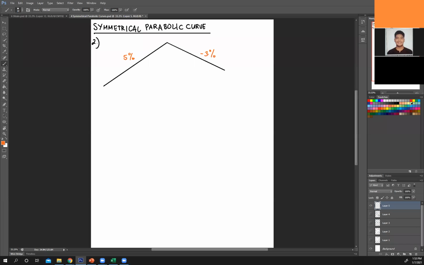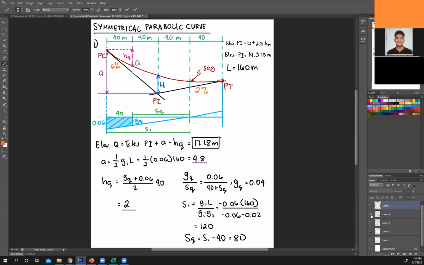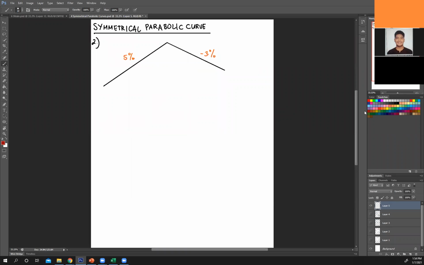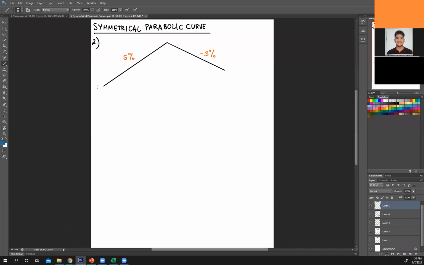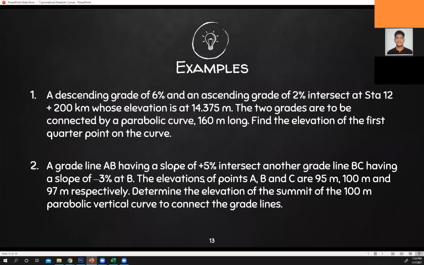Then let's include our points. So our points are, you have line AB and line BC. So line A, B, then they intersect at B, then this is BC. And then the elevations of each are 95, 100, 97. Determine the elevation of the summit of the 100-meter parabolic curve connecting the grade lines.